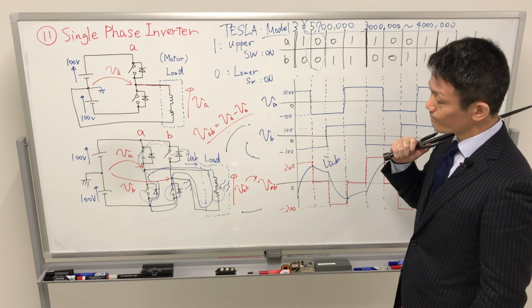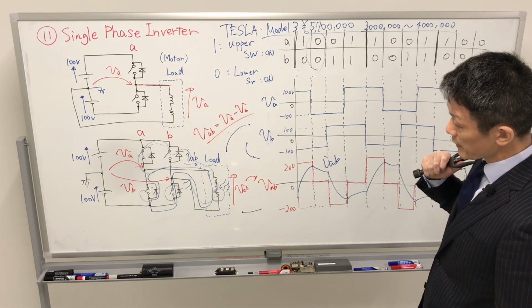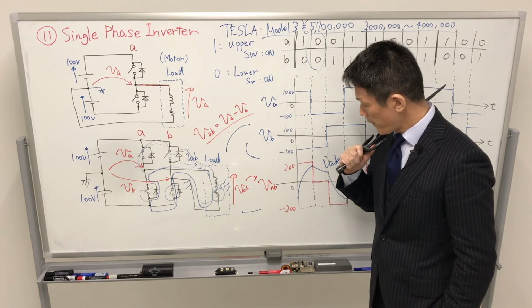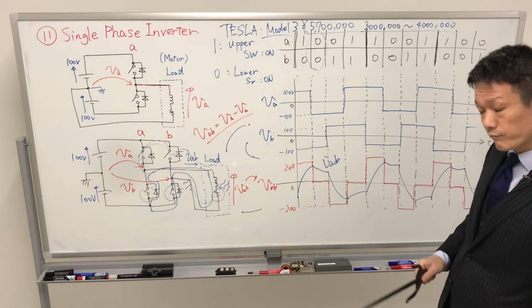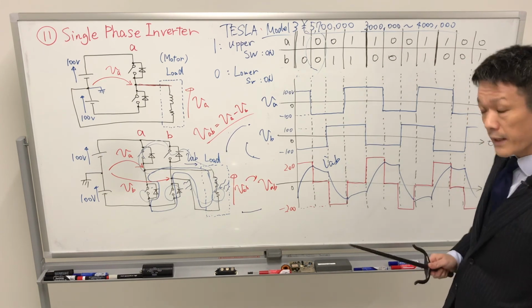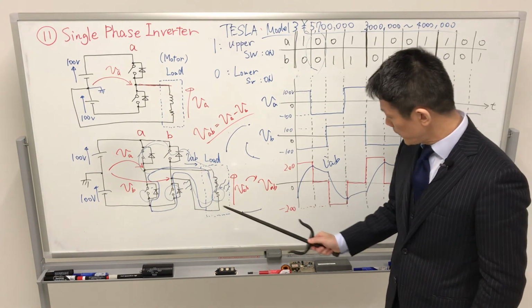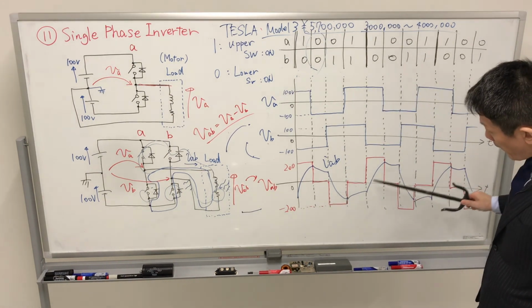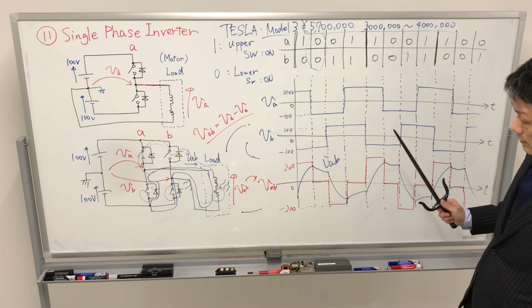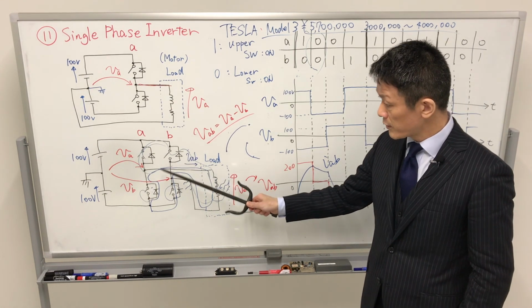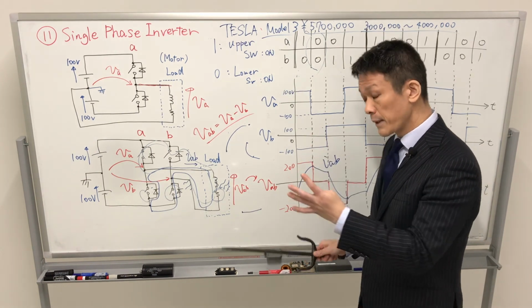In the next lecture, we will discuss the three-phase inverter. Three-phase inverter means we obtain three-phase current. For one phase, the single-phase inverter uses 4 power semiconductor devices.